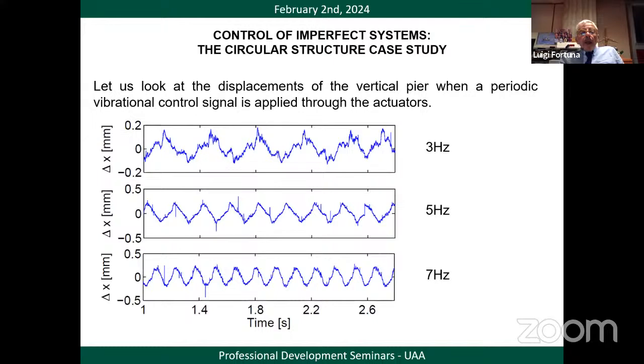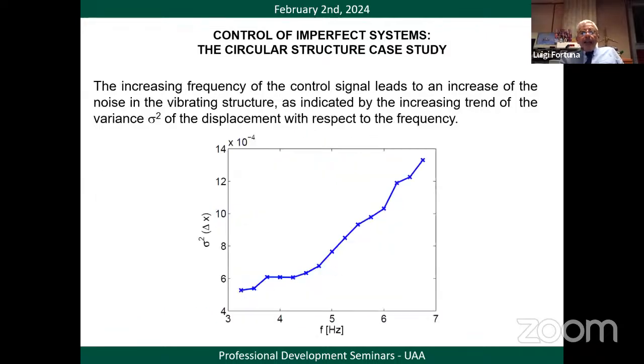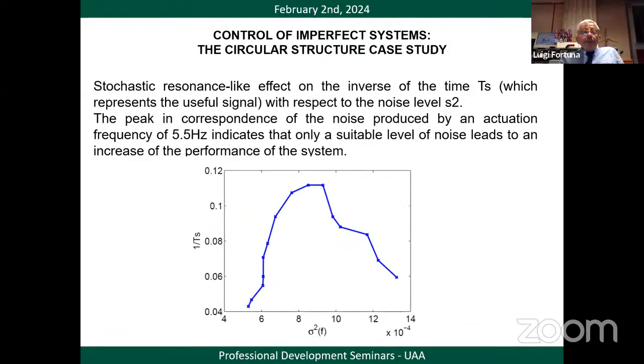In fact, we can stimulate the systems with various periodic vibrational controls and verify that the synchronization of the various coils is achieved when a suitable level of noise is achieved. This gives us a measure of the time where the system is self-organizing.